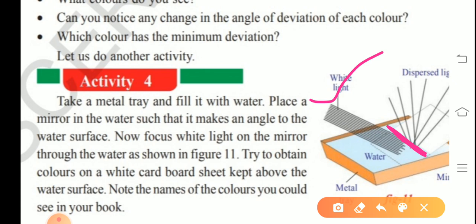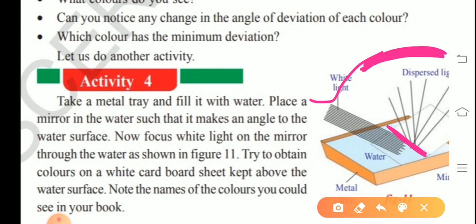Try to obtain the colors by placing a whiteboard above the mirror surface. If you place a whiteboard or white paper, it acts as a screen so that we can observe the colors. Now note the names of the colors you see in your notebook. Definitely we can see VIBGYOR, no doubt at all.